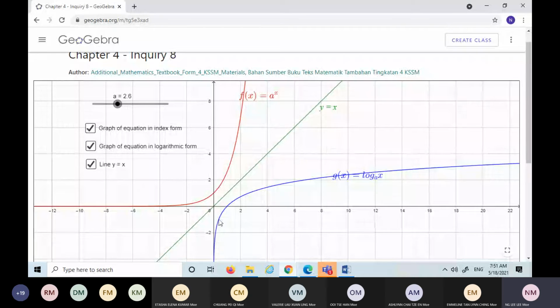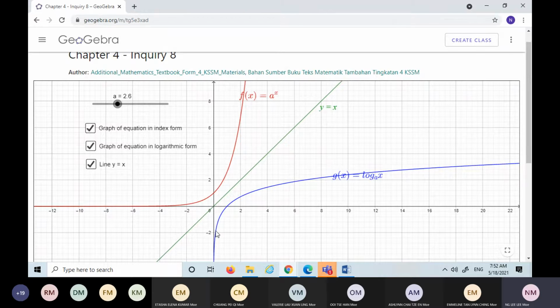At 0 here, actually it will not touch. Although you can see it like touching, actually it does not touch. The blue line is very near to the y-axis, but actually it's not touching the y-axis. So there is no value for 0. The logarithm cannot be 0, and the logarithm also cannot be negative. Can you see this part?